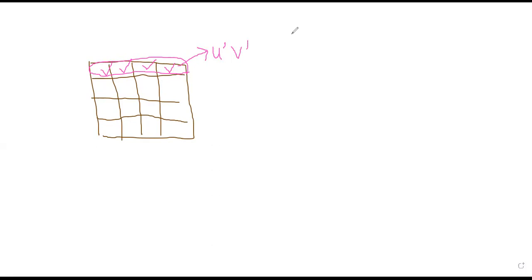Then for second, the trick is this one, this, this, and this. This is basically a square.